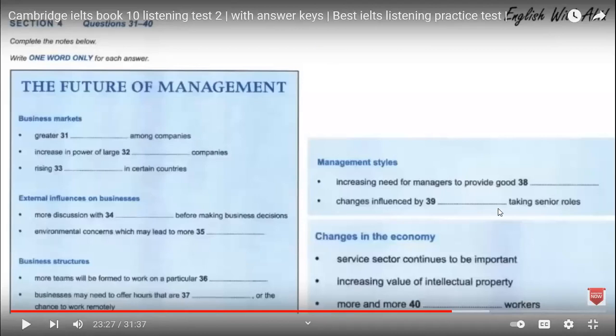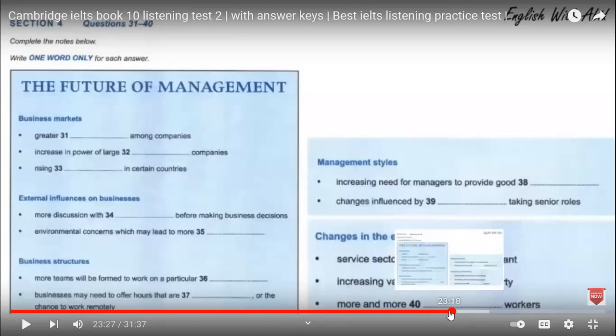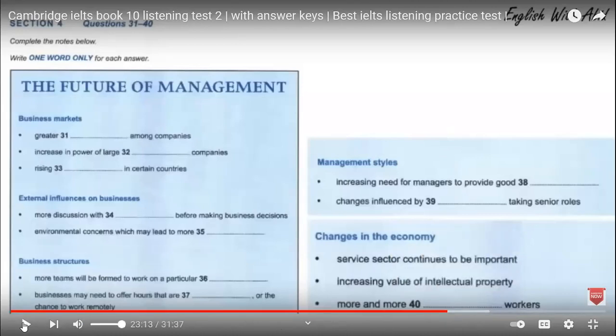Okay. Of course, 34 is customers and 35? Pollution. Almost near the word. Listen to it again. Concerns about the environment will force manufacturers to extend product life cycles to reduce the amount of pollution and waste. And in some cases, regulation will need to be strengthened.